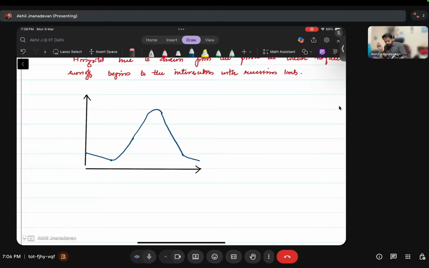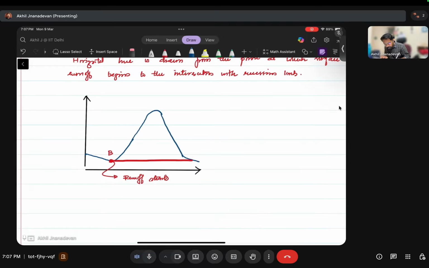So here, this is the point, that is the point B, the point at which direct runoff starts. So we'll be drawing a horizontal line along this point.